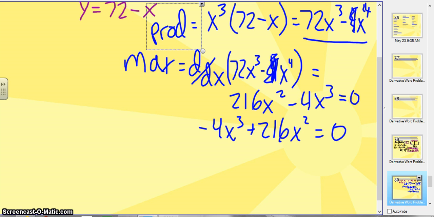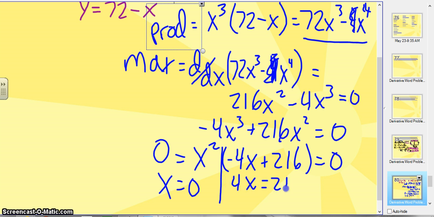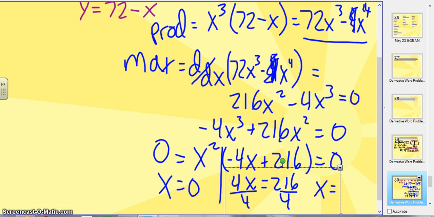All right, so I can factor out an x squared. So I have negative 4x plus 216. And then if I set each one equal to 0, over here I'm going to get x equals 0. And then over here, x equals 216 divided by 4, x equals 54.